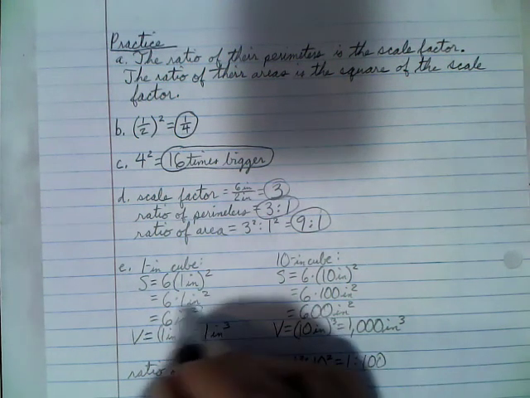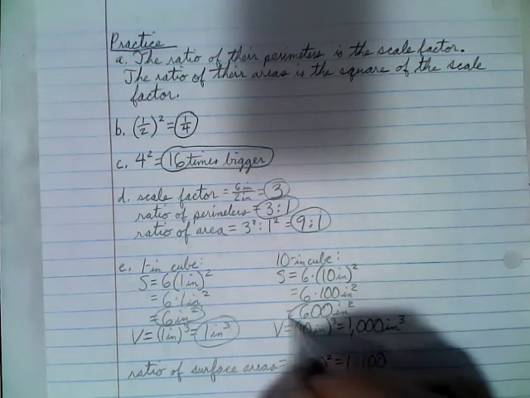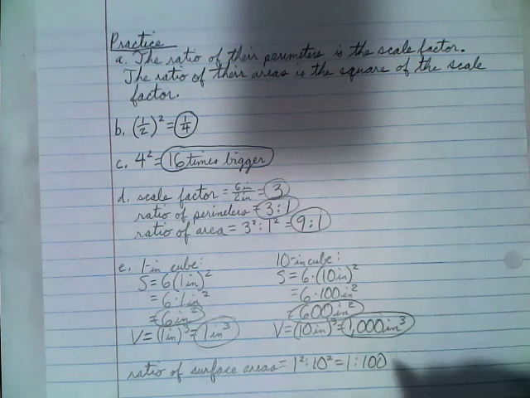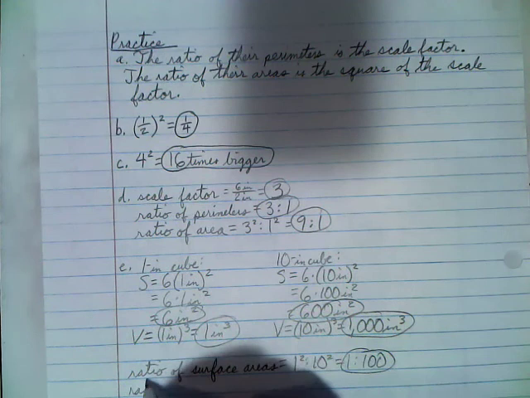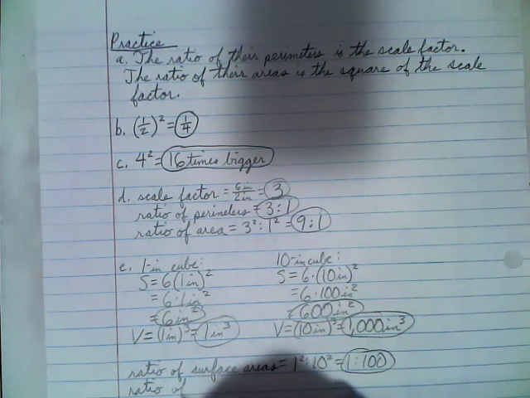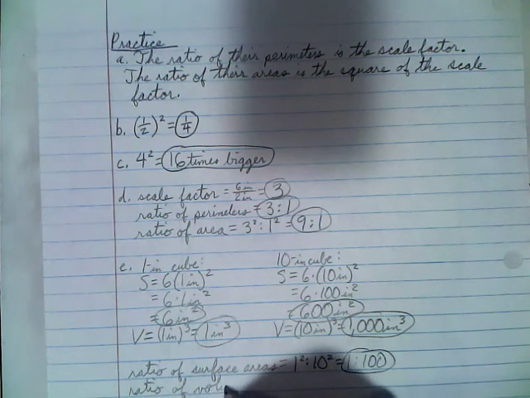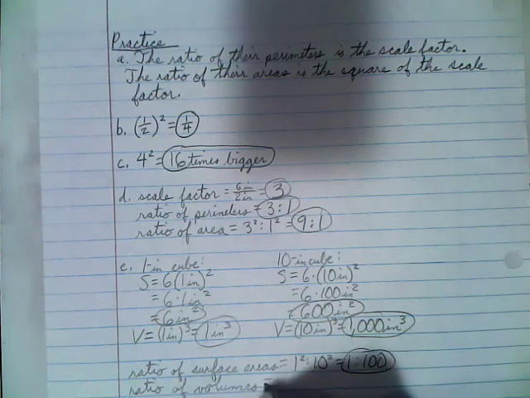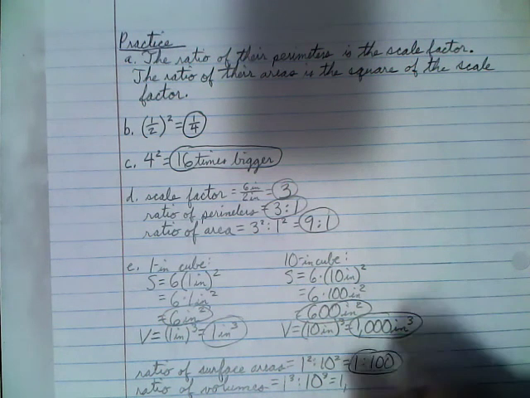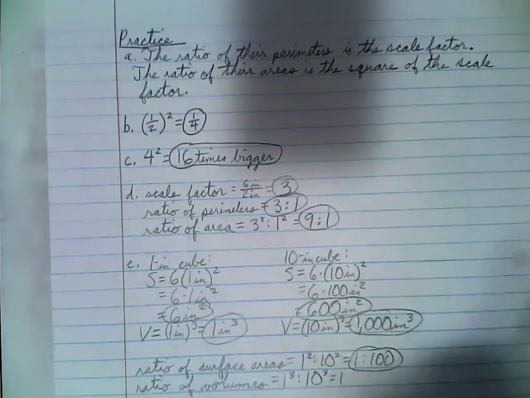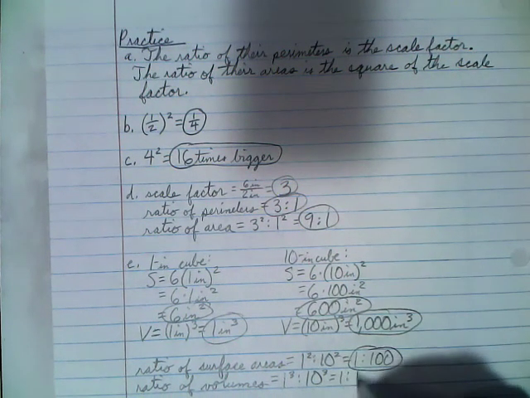So, by the way, circle our answers here. So the ratio of volumes then is 1 cubed to 10 cubed, or 1 to 1,000.